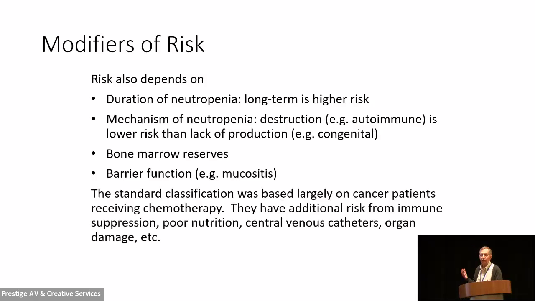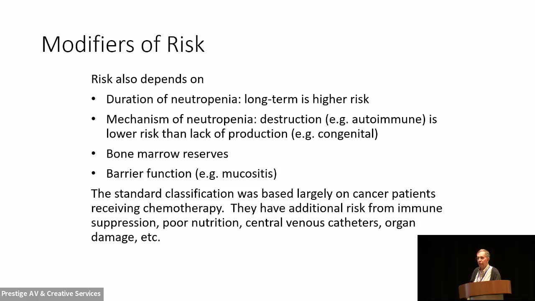And it turns out the standard definition was developed largely based on experience of cancer patients getting chemotherapy. And they have additional risks from immune suppression. Cancer chemotherapy kills all leukocytes, including lymphocytes, parts of the adaptive immune system that make antibodies, T cells.